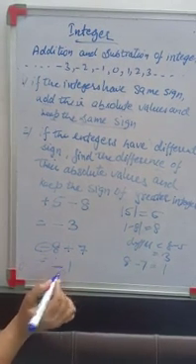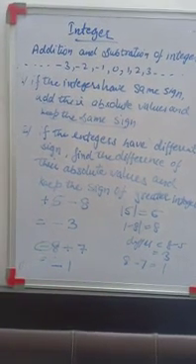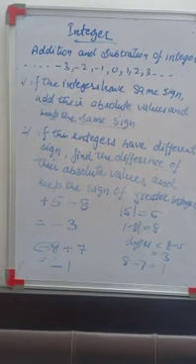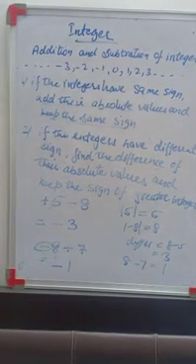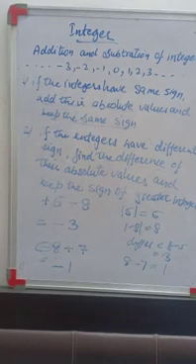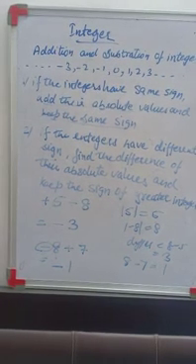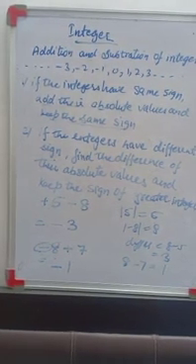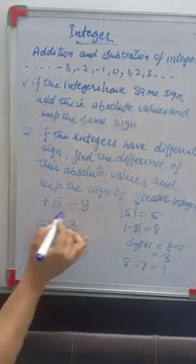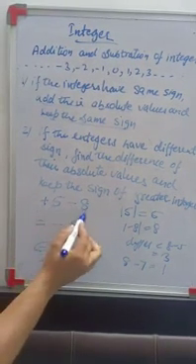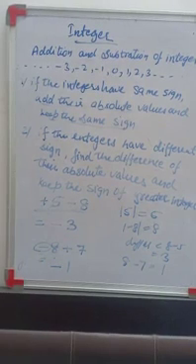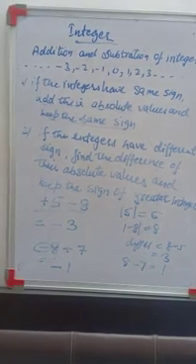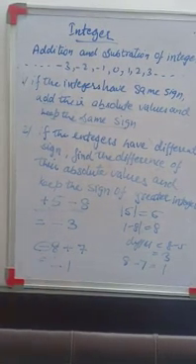So just put it over here. Whenever the integers have different signs, you need to find the difference of the absolute values, and the sign will be the sign of the greater integer. In the question, see which of the integers has the higher absolute value, and the sign of that will be in the answer.